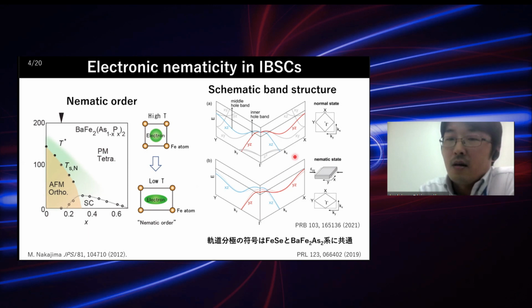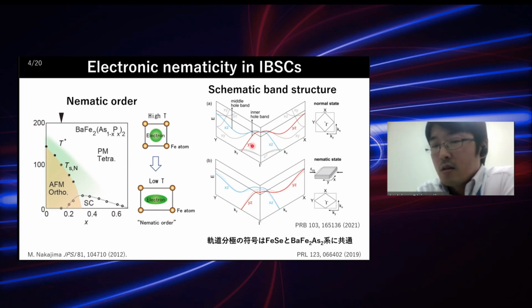Here is a schematic band structure of iron-based superconductors. At high temperature, the YZ and XZ orbital bands show the same structure, but in the nematic state, these two bands show an energy shift.